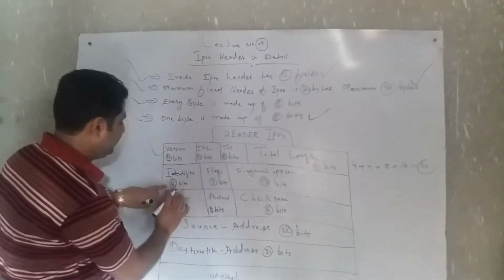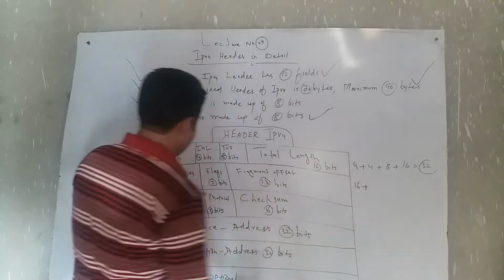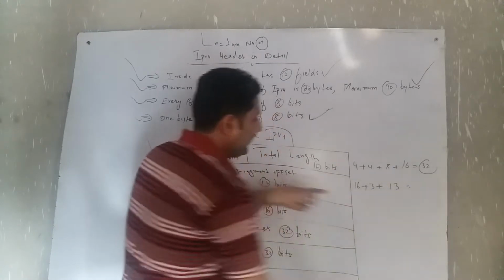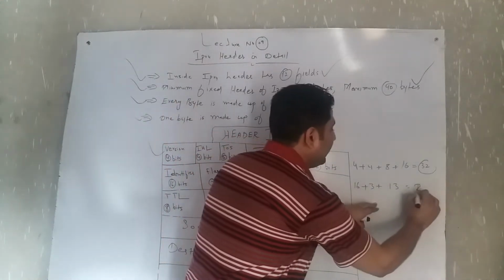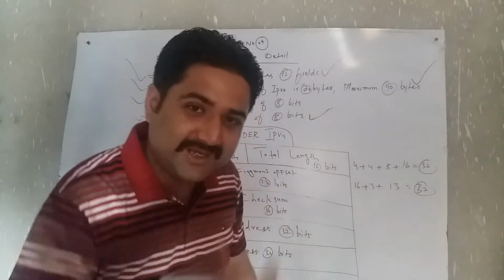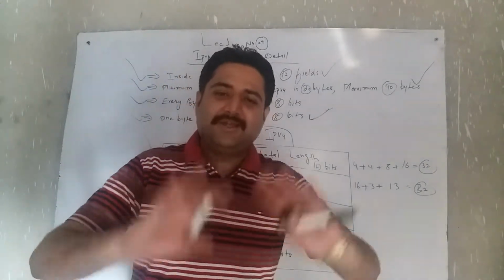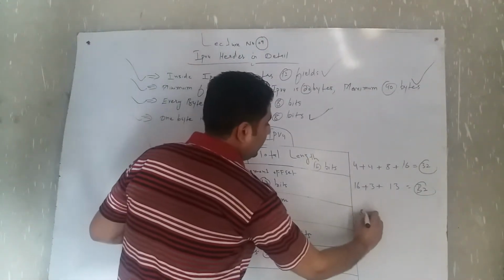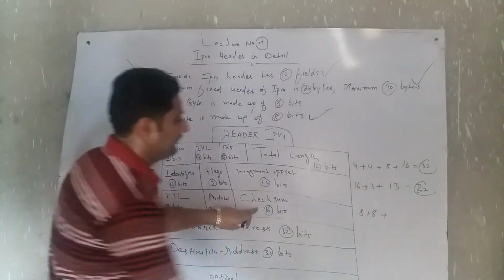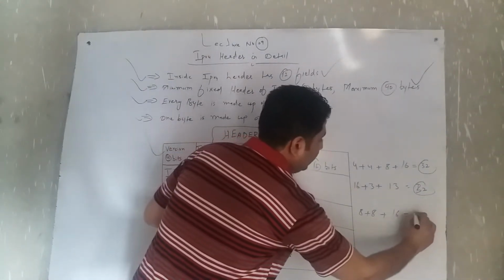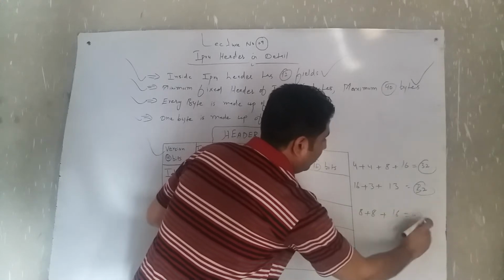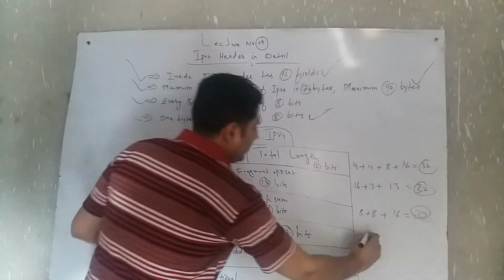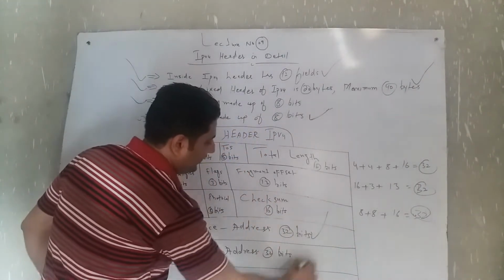Again, 16 plus 3 plus 13 gives 32 bits. Next, 8 plus 8 plus 16 gives 32 bits. Similarly, the source address is 32 bits and the destination address is 32 bits.